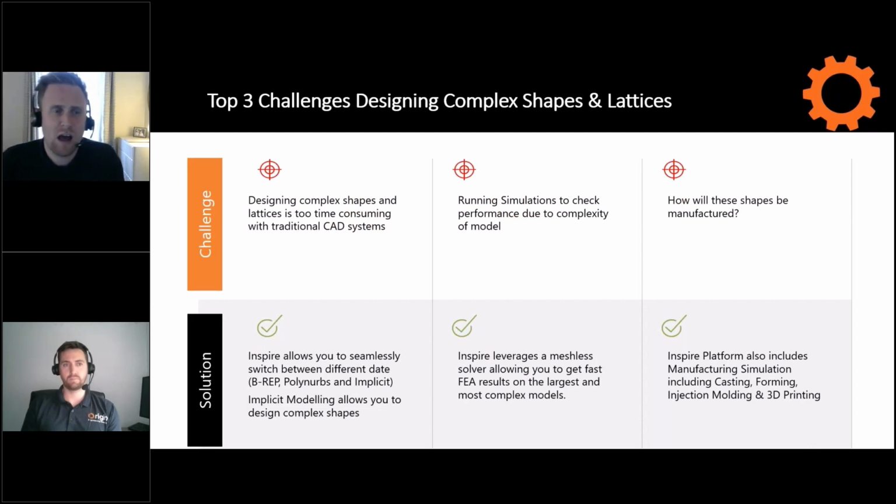And when we talk about implicit modeling, we were thinking about the typical challenges that designers face, which are to do with more organic or freeform or complex shapes, and also being able to design lattice structures or infills, depending on what you're doing.